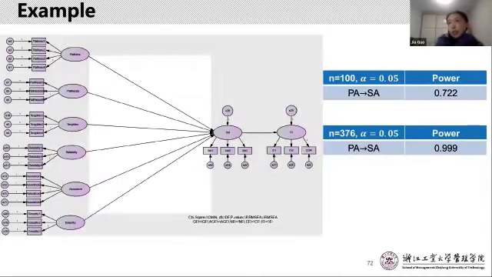And for the similar example, we also use this example. We look at the first part, the PA to the SA. When the sample size is 100, the power is 0.72. And when the sample size is 376, the power will nearly tend to 1.